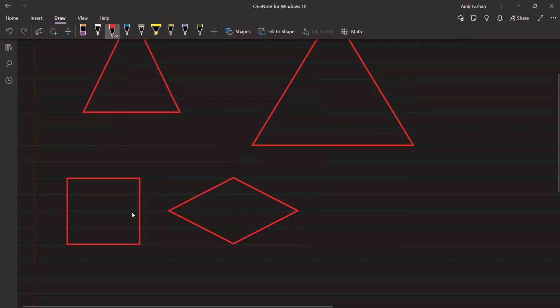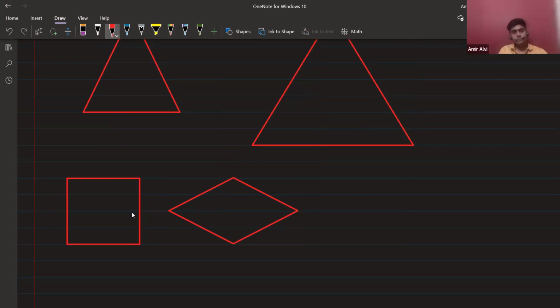How? Can you tell me? Because that's a square. Do you think the other one is a square? No, Adil, that's a rhombus.